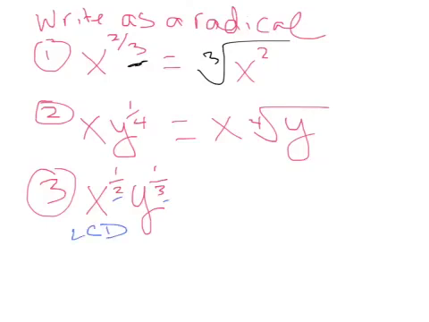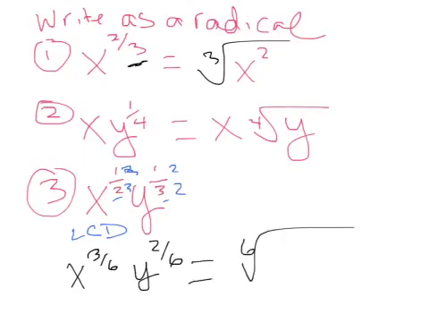So the lowest common denominator of each of those is 6. So I multiply this by 3/3 and this by 2/2. I end up with x to the 3/6, y to the 2/6, which would then all be able to fit under the 6th root, x cubed, y squared.